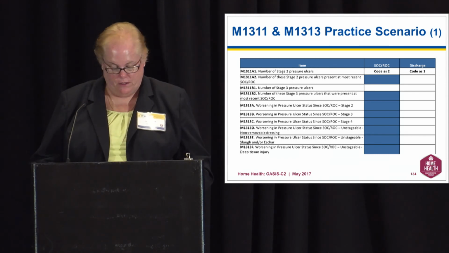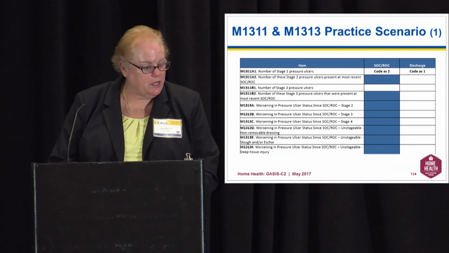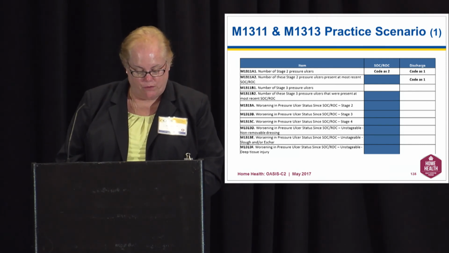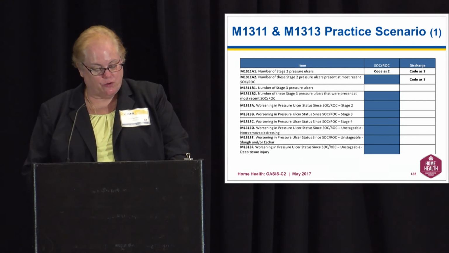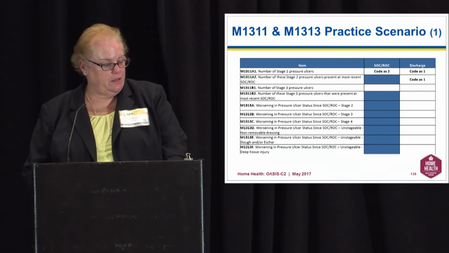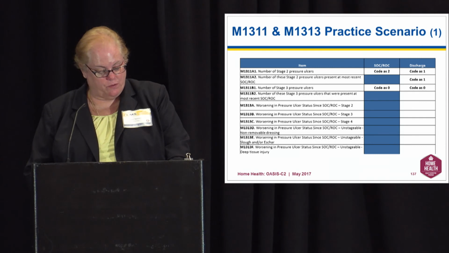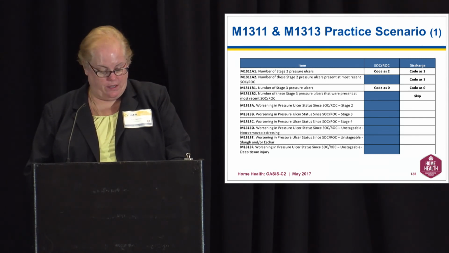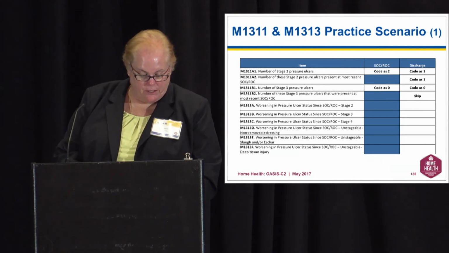So that's correct. The number of these stage 2 pressure ulcers that were present on the most recent start of care is 1. Number of stage 3 pressure ulcers? Number at discharge? Right. How many of these were present on the start of care? 0 or skip. Okay. How about worsening in pressure ulcers since start of care, stage 2?